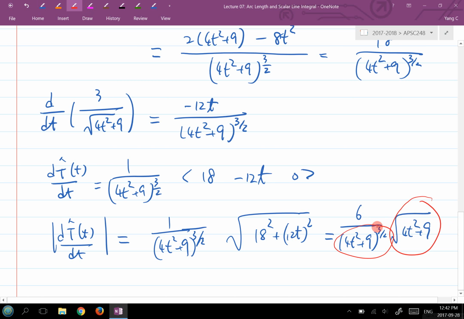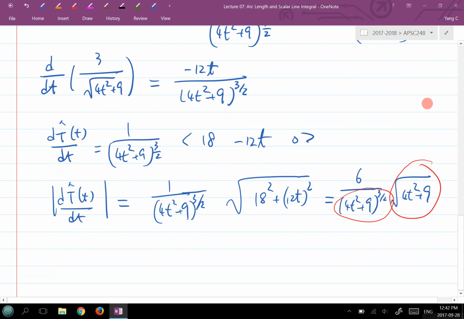So that could be simplified a little bit further, which becomes 6 over 4t squared plus 9. Okay. Or you don't have to do this. This is optional. You don't have to do this simplification here.